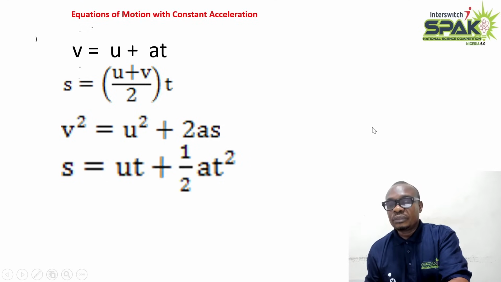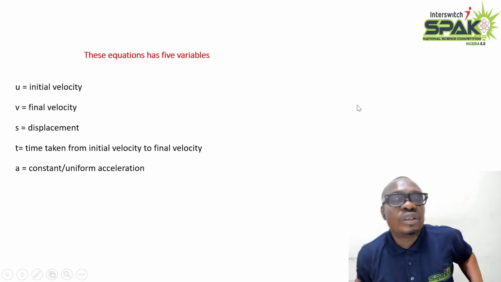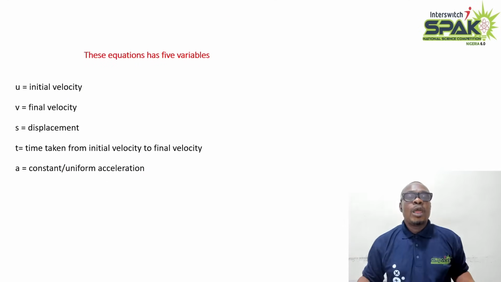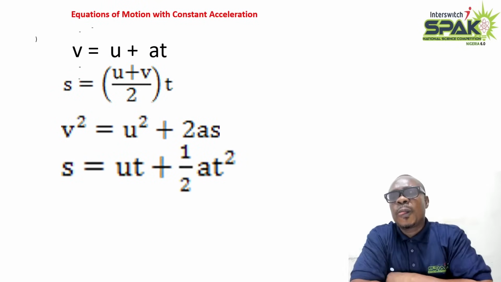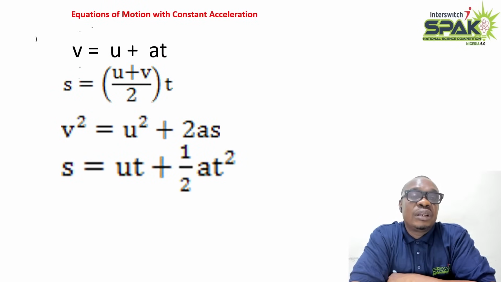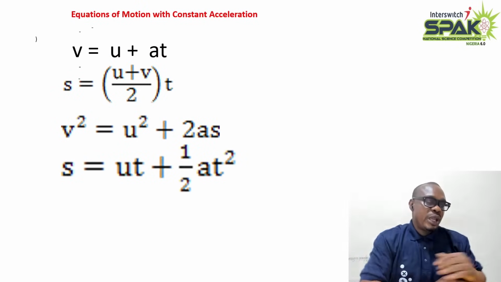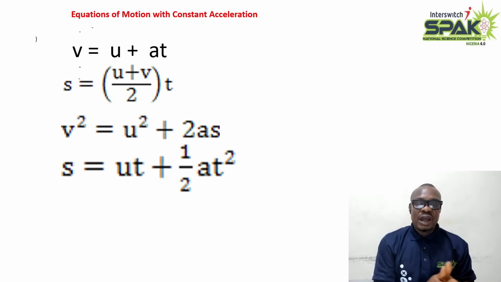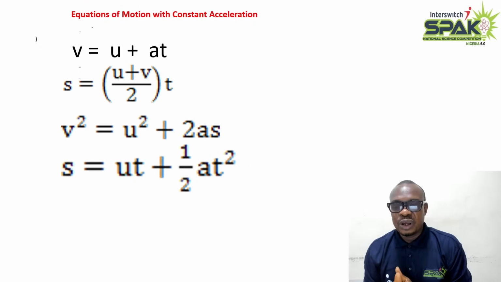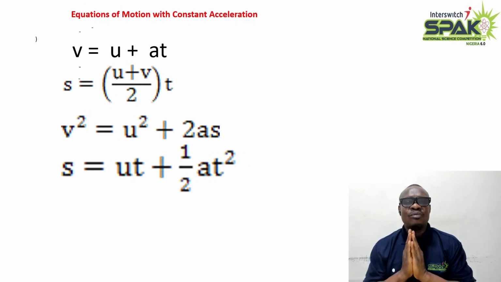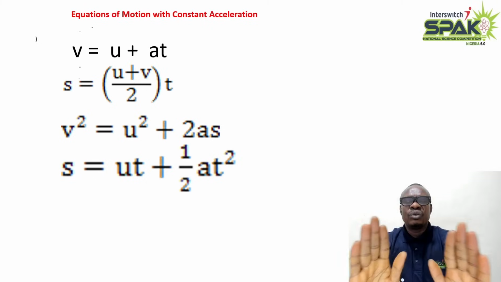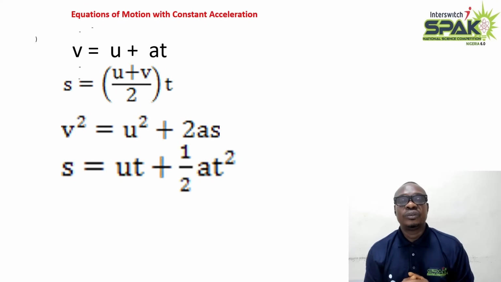Now let's move to equations of motion, with a constant acceleration. A car moves from a particular point. The driver steps his foot on the accelerator or the throttle, and the car starts moving with a constant acceleration.